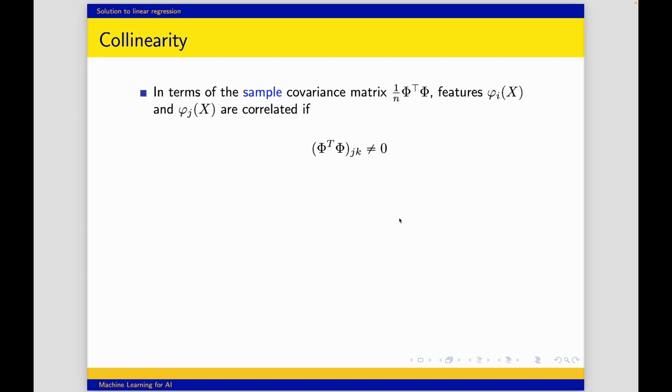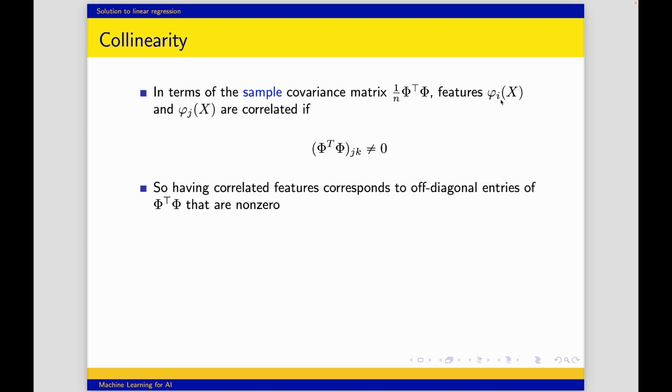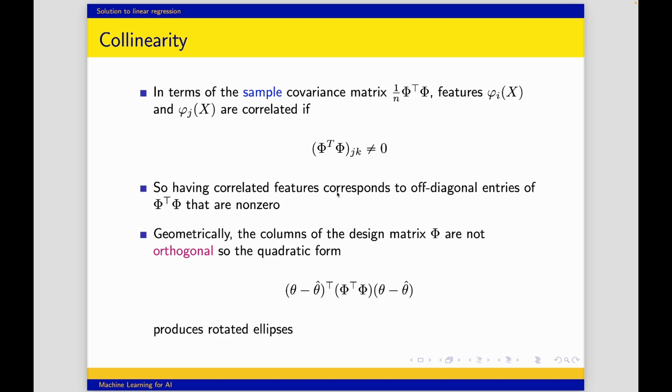We're assuming that each of these has 0 mean. So correlated features are going to correspond to off-diagonal elements of this matrix being non-zero. If off-diagonal elements of this are non-zero, we know that these features, these psi i's, are correlated, or those that are non-zero will correspond to correlated features.